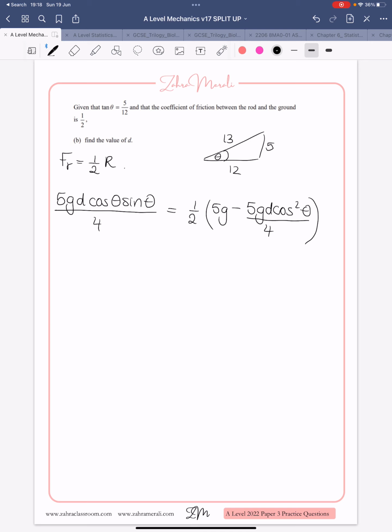I'm going to multiply both sides by 4. So that's going to give me 5G d cos theta sine theta equals, that's going to become 2. So that's going to give me 10G minus 5G d cos squared theta over 2.